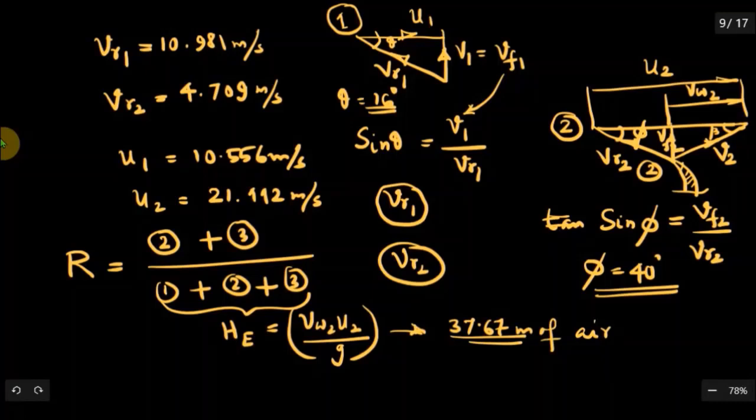Once you have this value, then what is term 2? That is U2 square minus U1 square by 2g. The term 3 is VR1 square minus VR2 square by 2g.